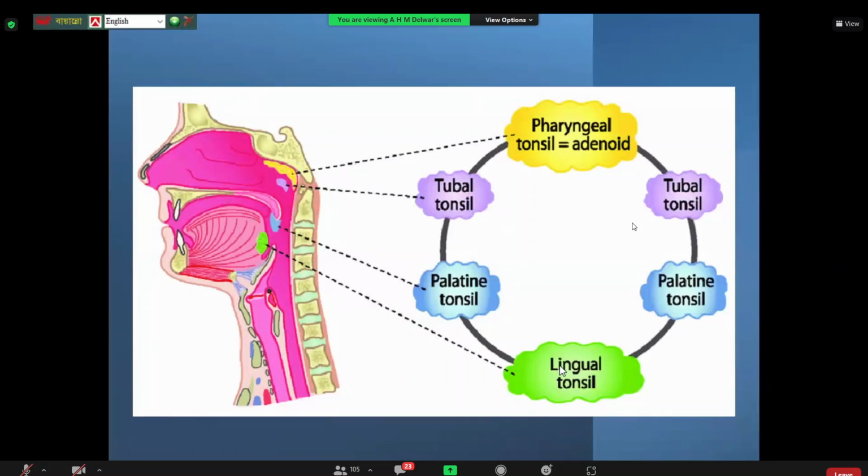Sometimes it produces symptoms, so we have to treat them psychologically, as it is not important. The palatine tonsil and the adenoid pharyngeal tonsil are important. When there is a viva or written question and you mark it on this picture, you will get full marks.